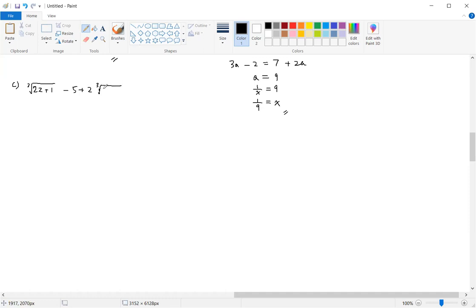Cubic root of 2z plus 1 equals negative 14. So again, you see, I write a little bit of space in between to indicate that the small little 3 sticks to the right thing. So it's a cubic root, not a 2 cubed.